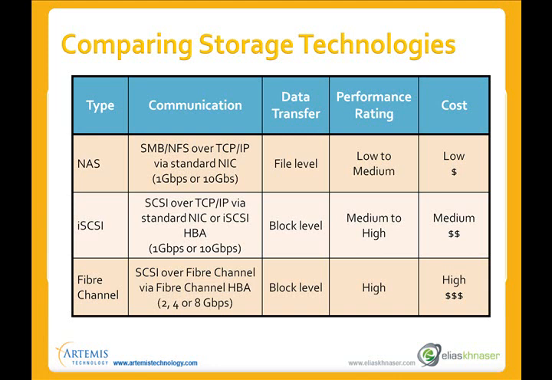The cost in equivalent is also going to be low, so you're sacrificing here. Now with iSCSI, you're doing SCSI over TCP/IP, again via standard NIC or iSCSI HBA. The data transfer here would be block level, which I mentioned to you before, which means you're presenting storage to the actual host that's then treating it as local storage. The performance rating would be medium to high, and the cost as well would be medium.